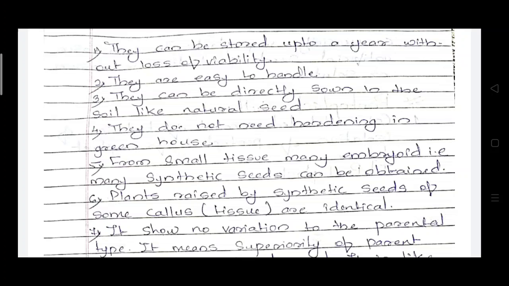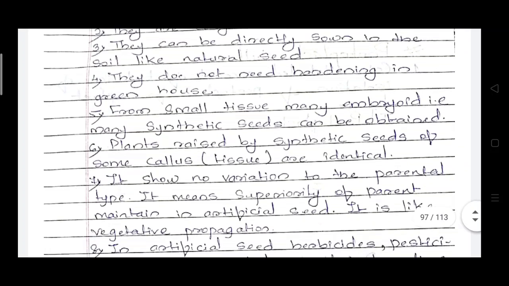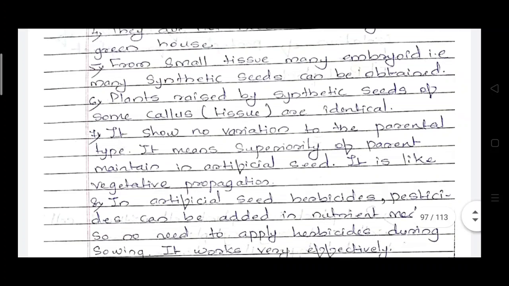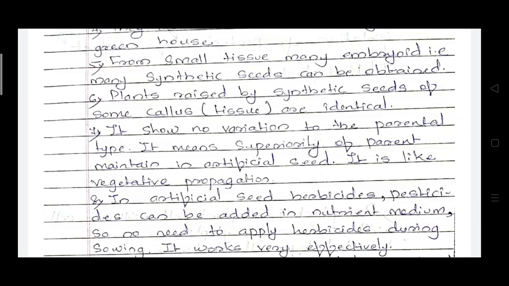Then from very small embryoids we can make a number of plantlets. Also, these plants are identical to their mother plants, and they will also be superior to the mother plants, so it is very useful.